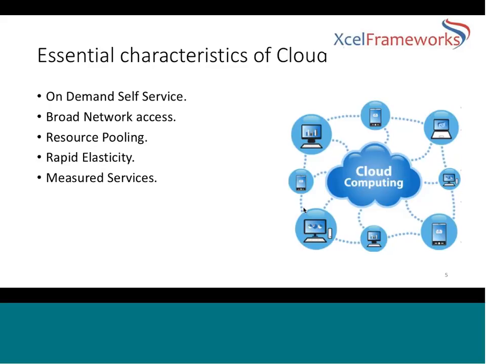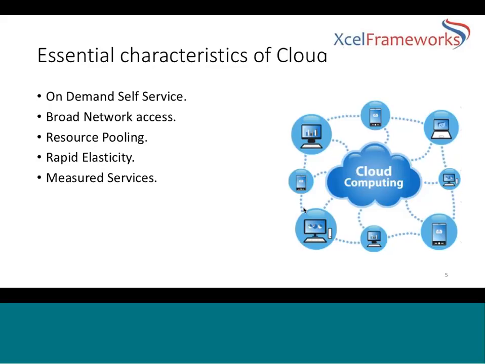Resource pooling, no doubt about it. Probably virtualization is what is used here, right? Hypervisor is one of the layers which you have to build, either using VMware or any other virtualization mechanism, in order to ensure that you have a pool of resources, right? So resource pooling is also one of the important characteristics of cloud.